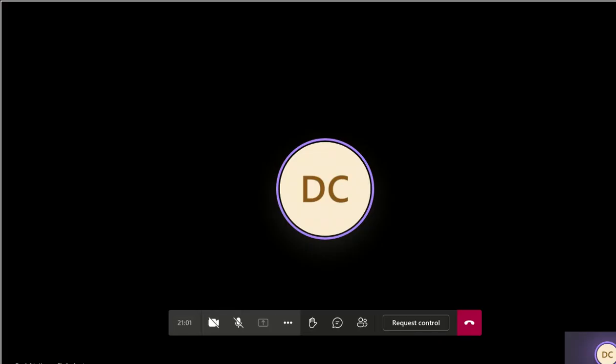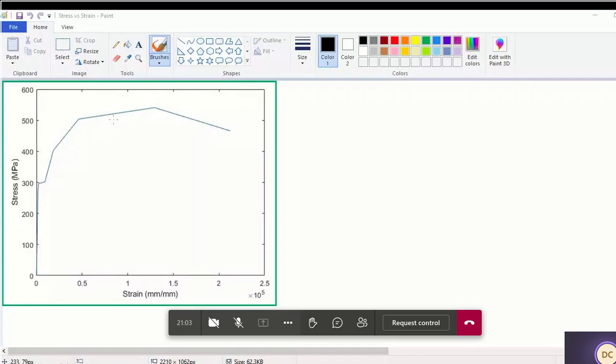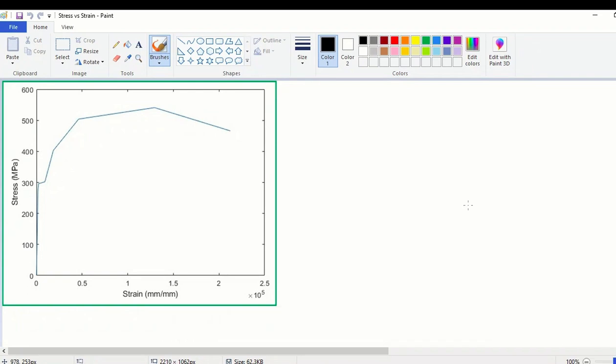This type of diagram will be coming. It is visible, no? Stress versus strain. Hello. Yes, sir. So actually, this is the diagram. These are the points. This is yield.